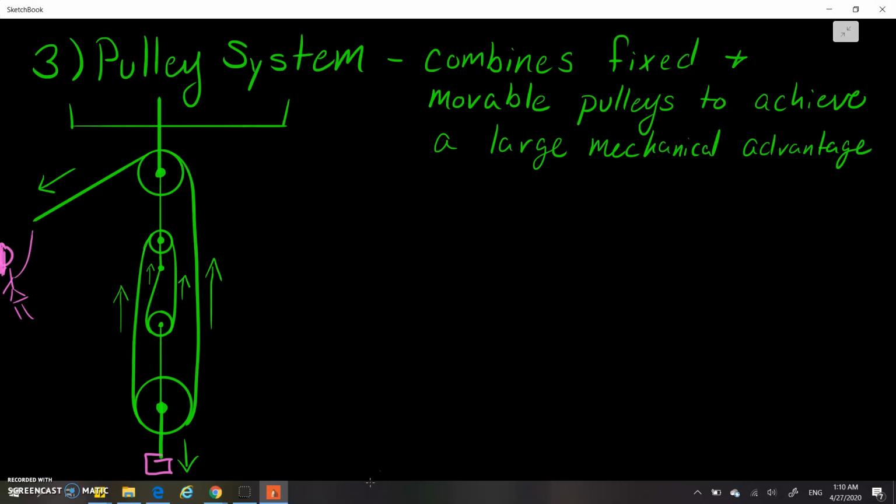You could say the input force, the force that I am pulling on, is just this one lever right here, but then you have 4 different sections of output forces that are being exerted. So just add up your number of sections.